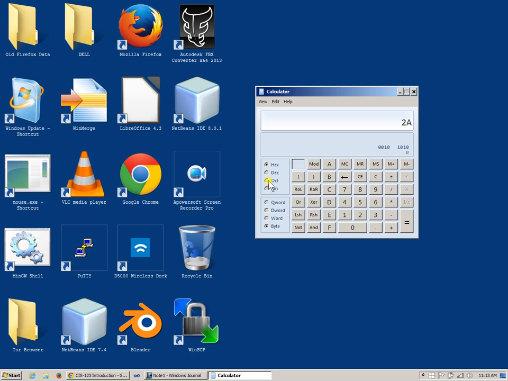If I switch to decimal, click the clear button and punch in some numbers, actually it doesn't let me type because I'm currently in byte format. If I need bigger numbers, I need to switch to maybe a 16-bit data type, and then type some numbers. Then I can again switch to hexadecimal, and this is what it is.